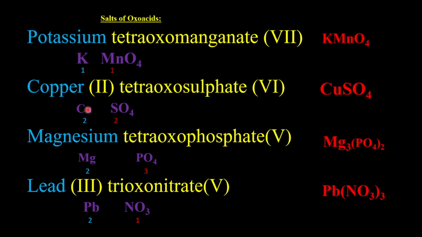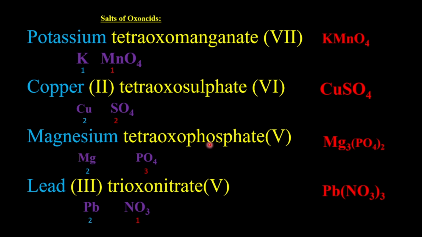So we have Cu against SO4. How do we know the charge for SO4? It equals minus 2. So this is SO4. The charge is 2. Copper has a charge of 2. So this and that can cancel. So you will get CuSO4.